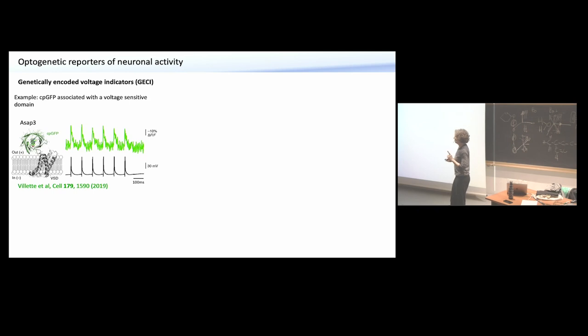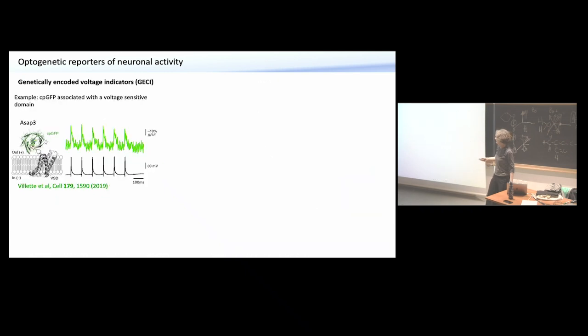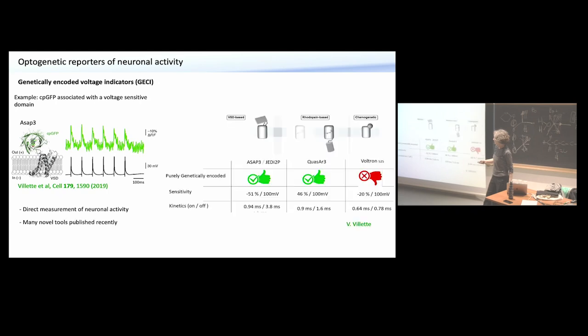So compared to the calcium signal that we had before, you see two things. First, the signal is quite small, it's 10%, whereas before the signal could be maybe 100%, so a much larger signal. And also it's very short. It's a few milliseconds. But you see it's really well following the voltage. So it's a direct measurement of neuronal activity.